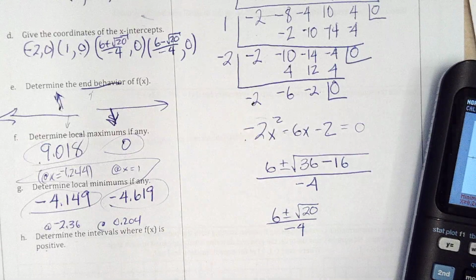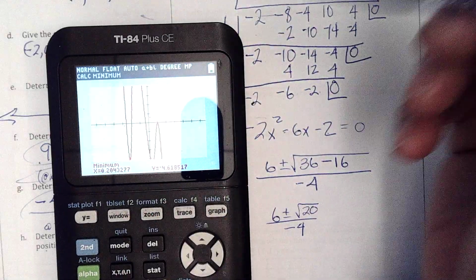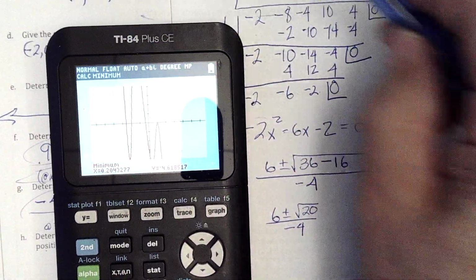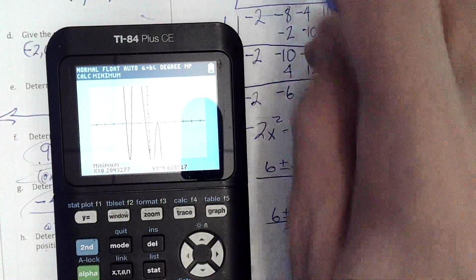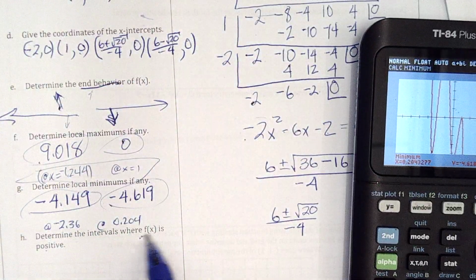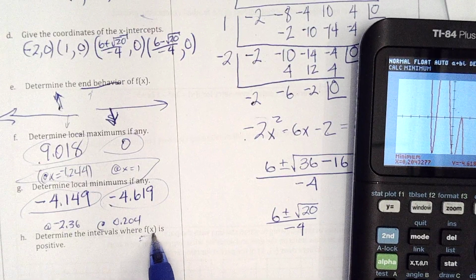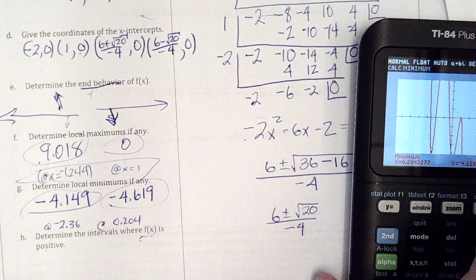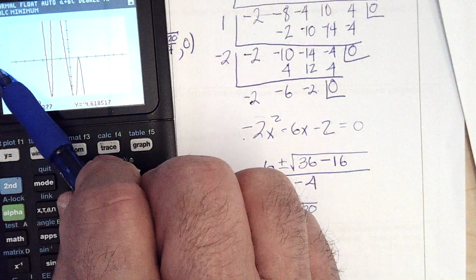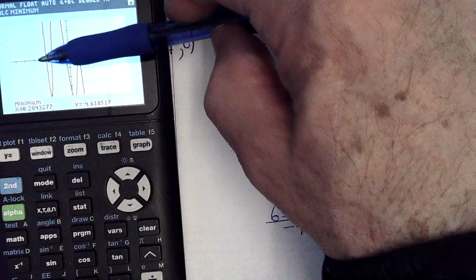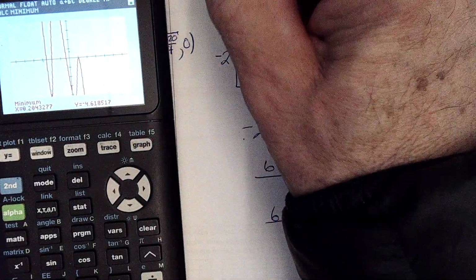Where is this positive? Well, when we're saying when f of x, the y values, the y coordinates, for what x's is the y positive? For all these x's, the y values are way up here.